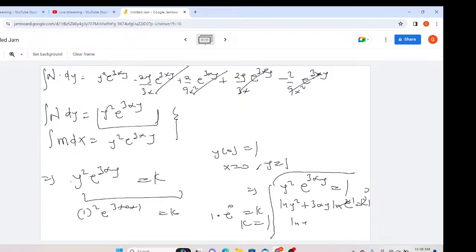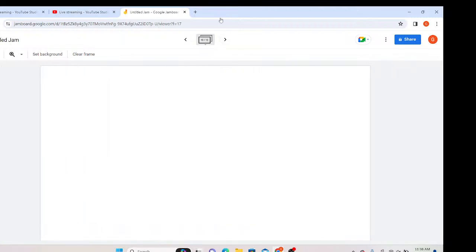So you have ln y squared plus 3xy is equal to 0. We can still make y the subject, but we can leave our answer as this. So that's all for the first order differential equation.